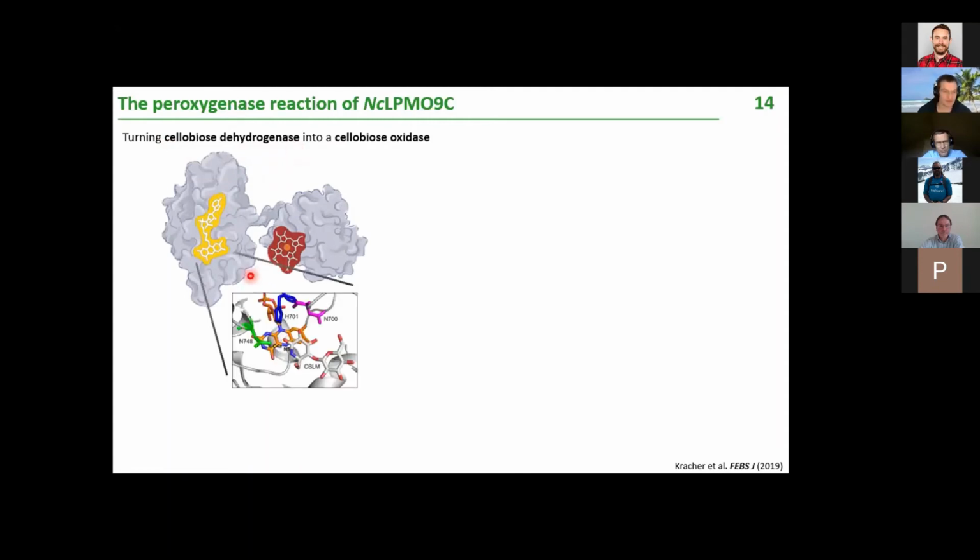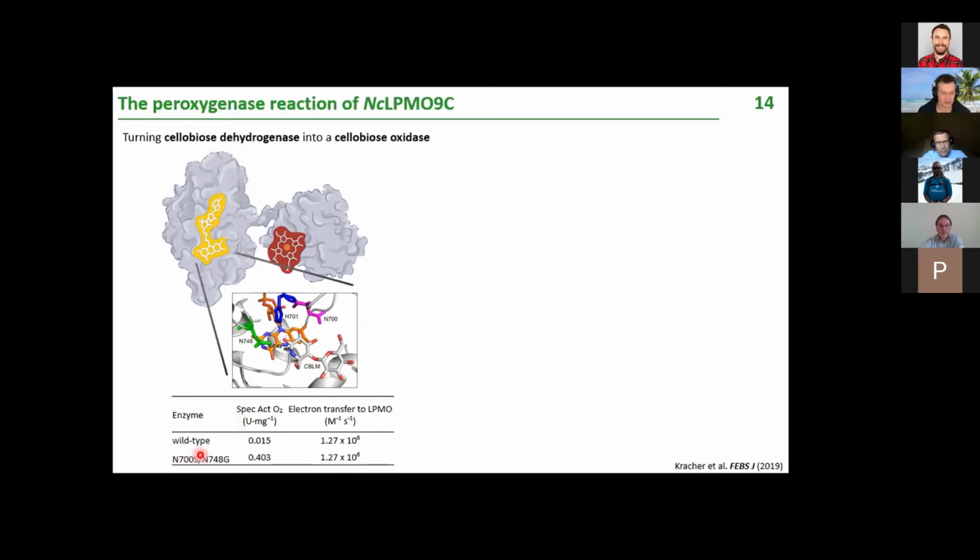So we did a site saturation mutagenesis of critical amino acids around the flavin cofactor. And I will cut a very long story very short. We identified a combination of mutants that was really sufficient to increase the oxygen turnover of this enzyme.